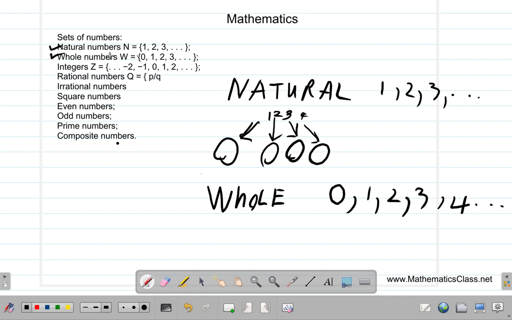Then next, you have another set of numbers. It makes a count for nothing, which is 0, as well as 1, 2, 3, 4, and so on and so forth. But the thing is this. What happened in a certain situation?